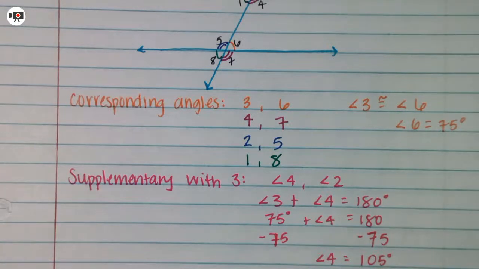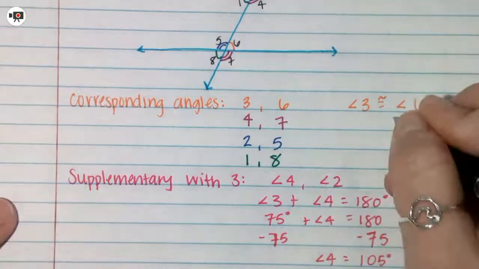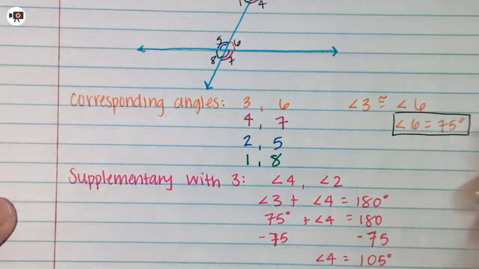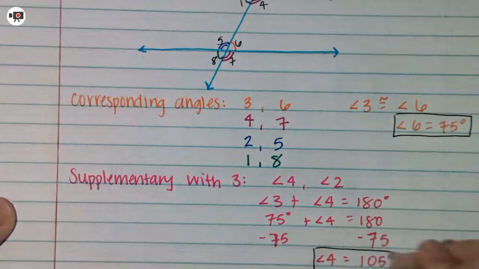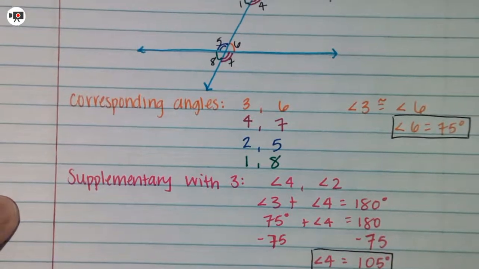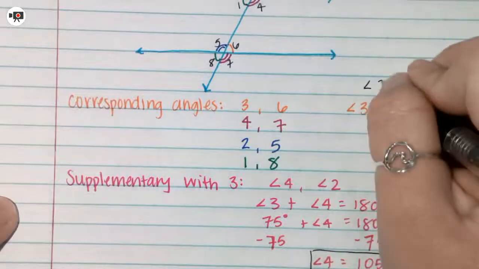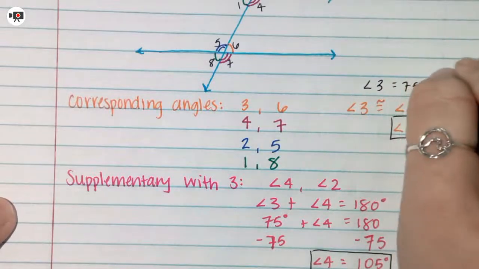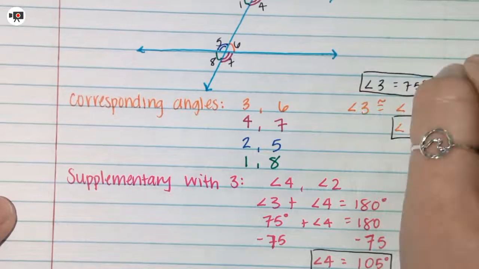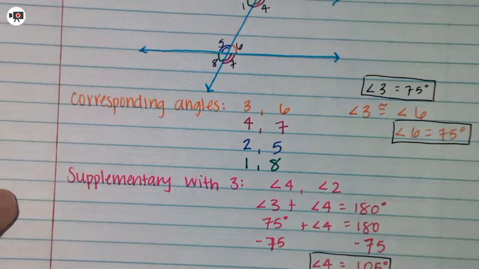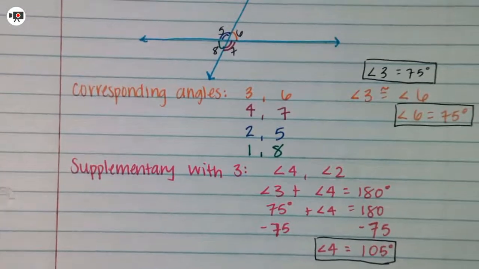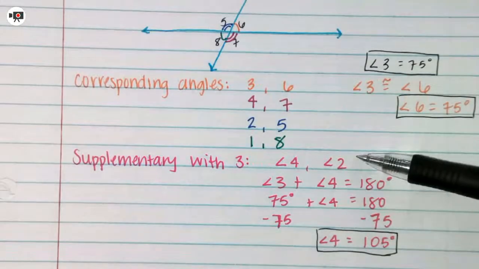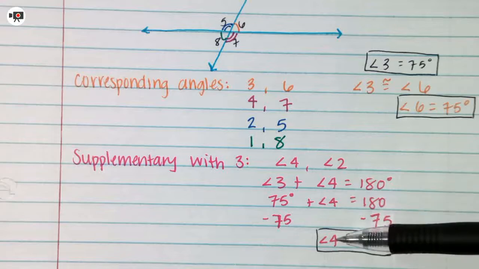So, I have a couple pieces now. I know the measure of angle 6, I know the measure of angle 4, I know the measure of angle 3. That was given. Now, if angle 2 is also supplementary, I could rewrite this with angle 2.